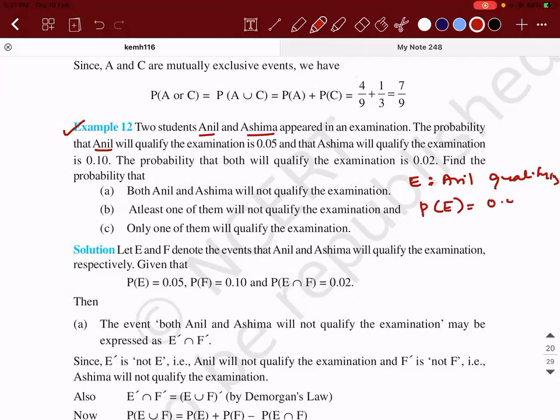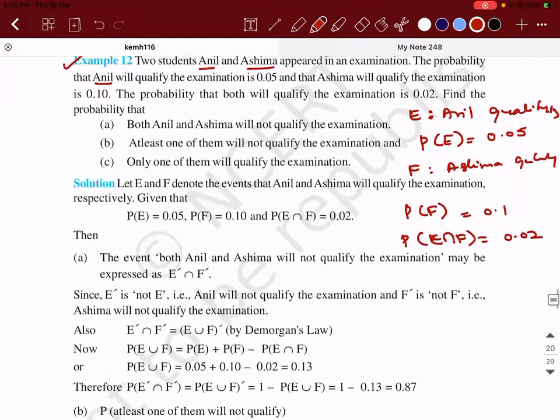It is 0.05. And F is Ashima qualifying. What is the probability of Ashima qualifying? It is 0.1. The probability that both will qualify the examination, probability of E and F, will be 0.02.